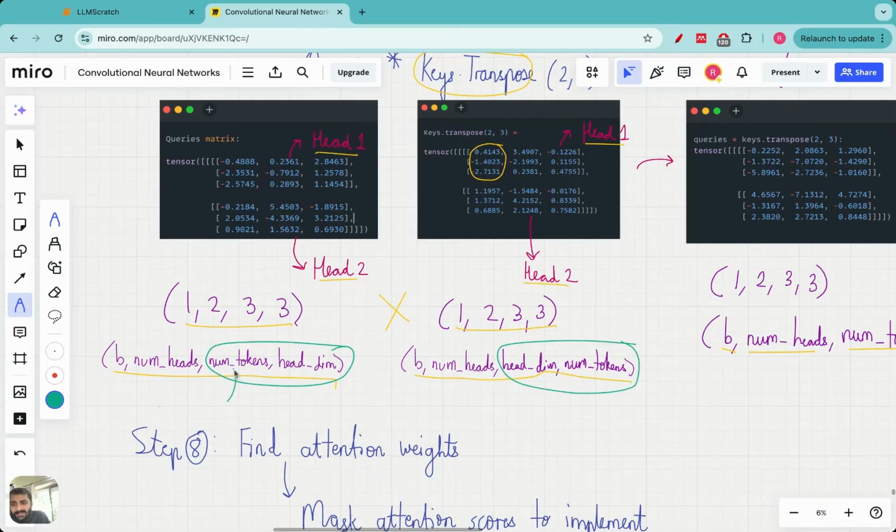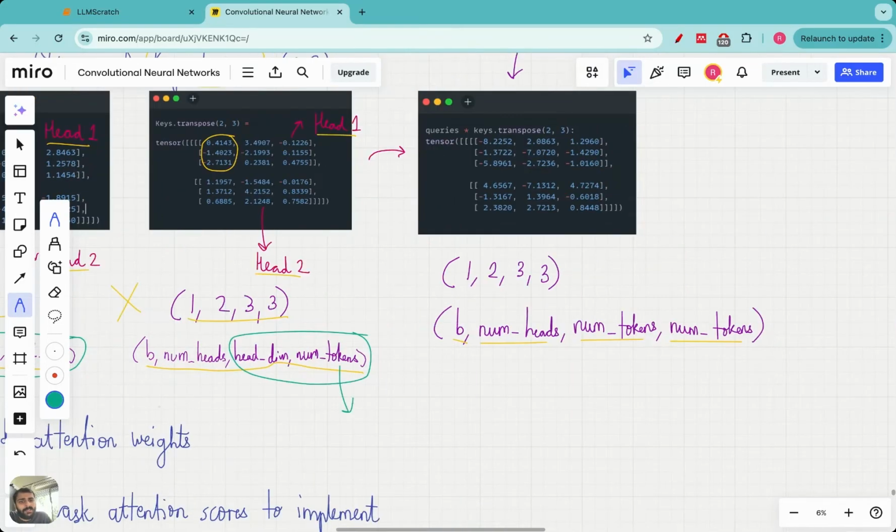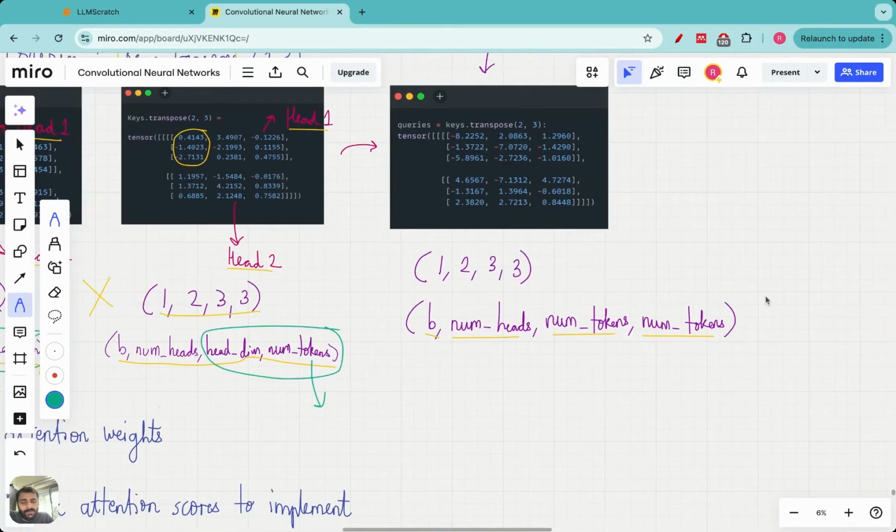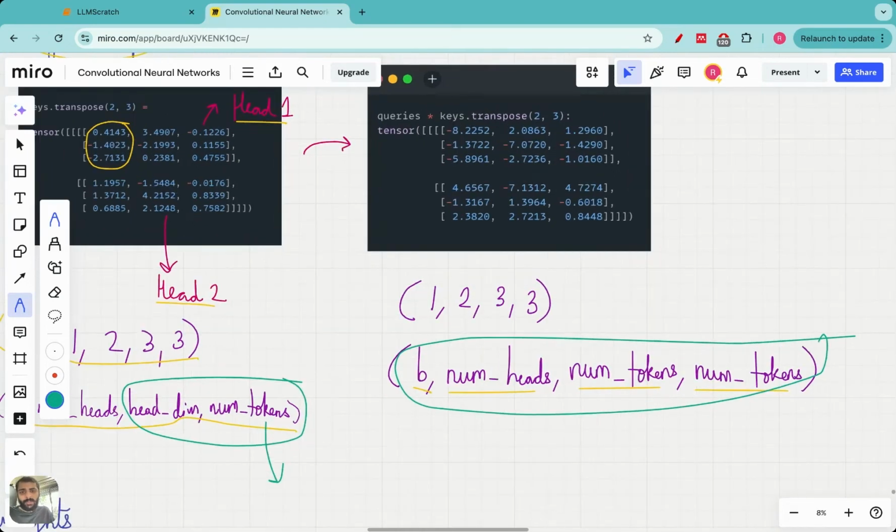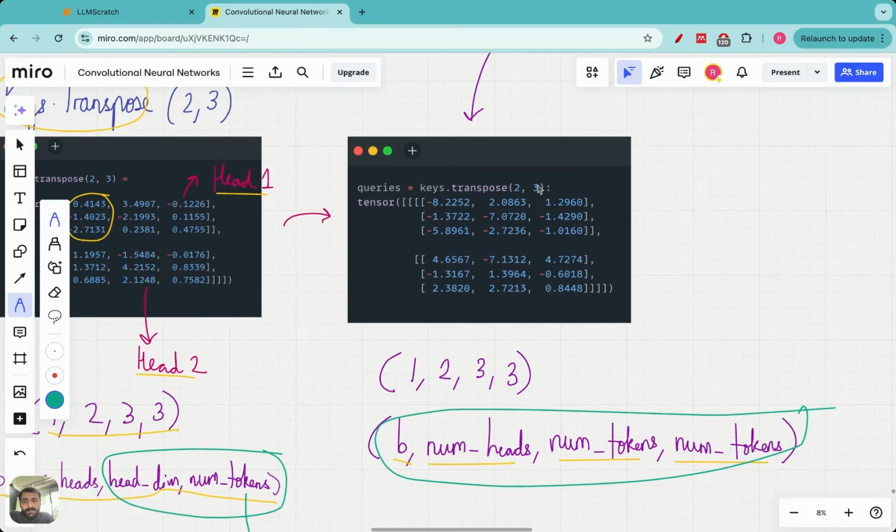So the resultant matrix will have number of tokens rows and number of tokens columns. And the first two dimensions here will stay the same because they are the same in both of these matrices we are multiplying. So the resultant attention scores will have the dimensions of B, number of heads, number of tokens, and number of tokens. It's fine if you forget these dimensions, but you should be able to interpret what is going on here. So let's see what is going on here. Remember, we are grouping with respect to head, so that stays the same.